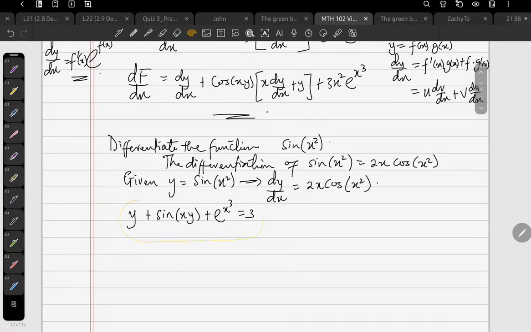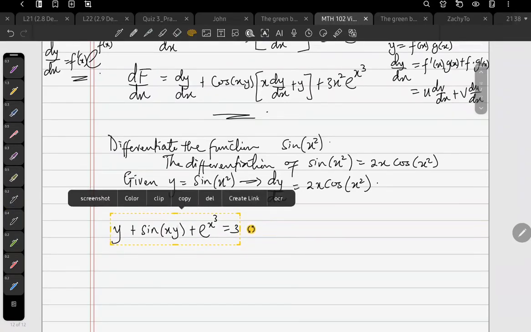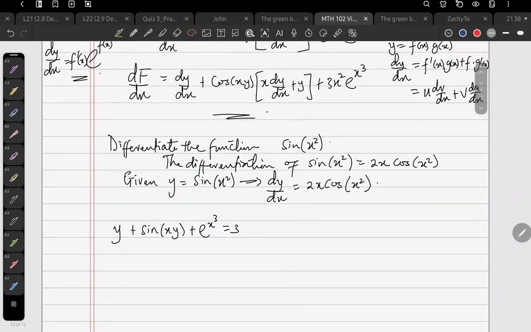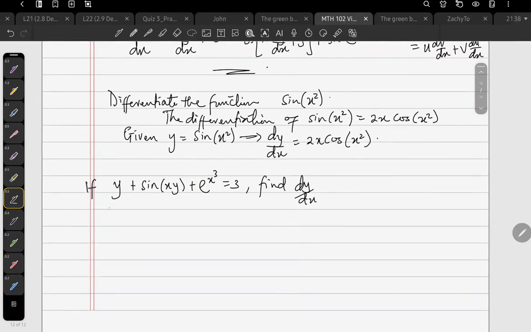If this is the question, and we are told to find dy/dx, that's a different ball game. In this case, we take the derivative of both sides. So we have the derivative of y plus sine xy plus e to the power of x cubed is equal to the derivative of 3.